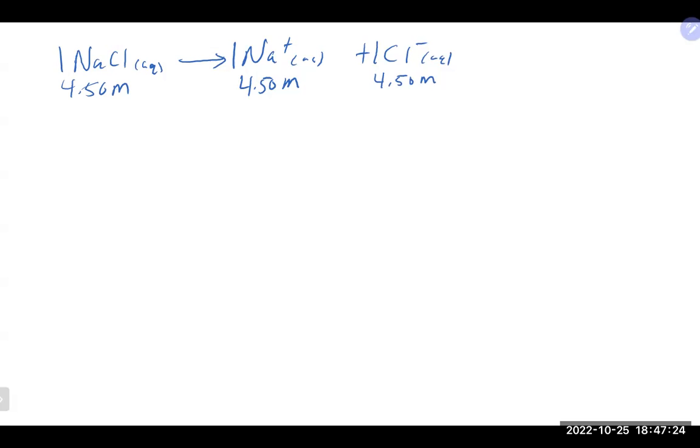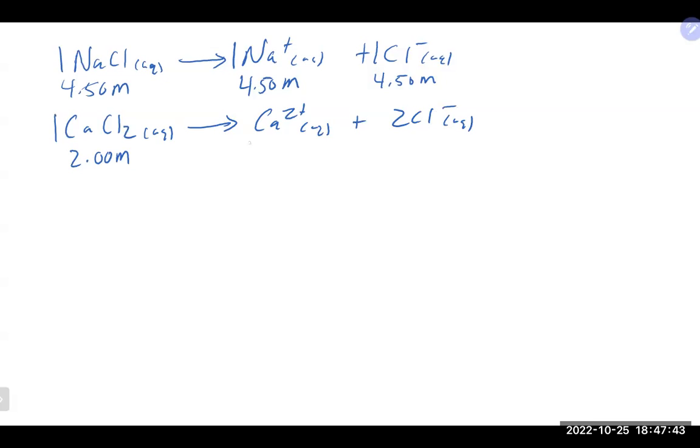Now, if you had something like calcium chloride, and we had a 2 molar solution of calcium chloride, when that is in solution, it breaks apart into a calcium ion and 2 chloride ions. Now it is a 1-to-1 relationship between the whole thing and the calcium ions, which means the concentration of the calcium ion is 2 molar.